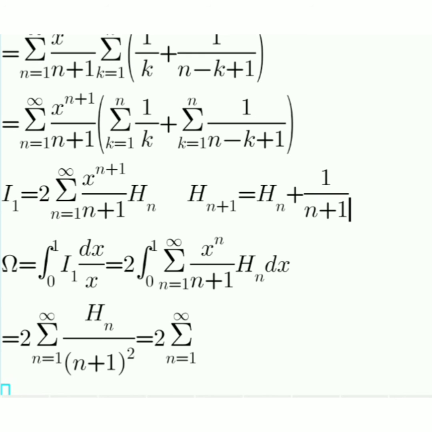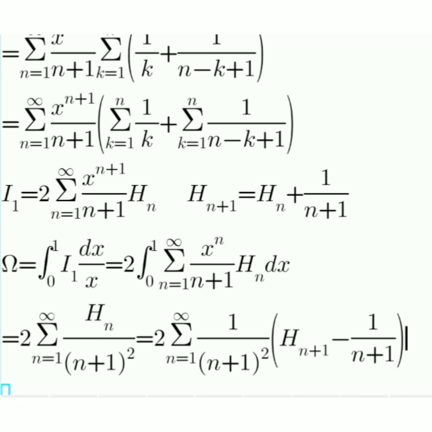So Hn can be written this way, 1 by n plus 1 whole square, and it can be written as Hn plus 1 minus 1 by n plus 1.